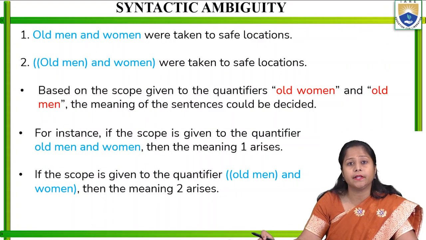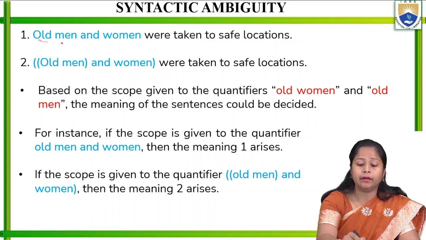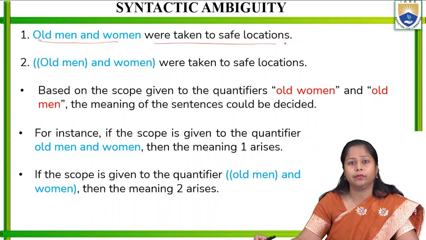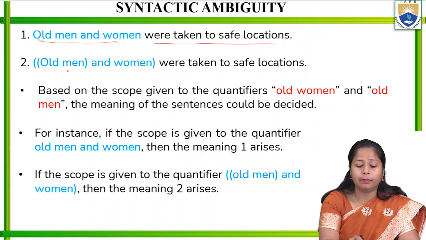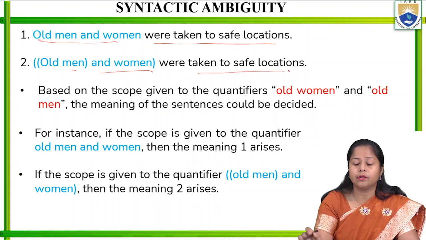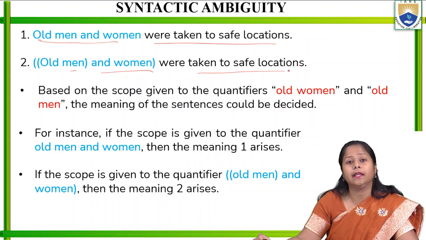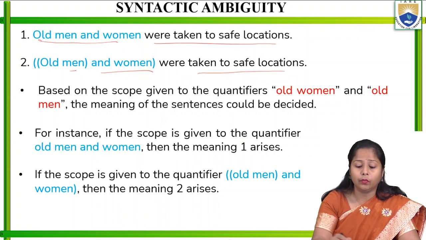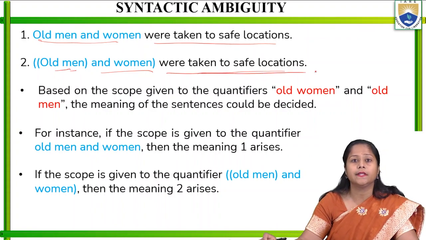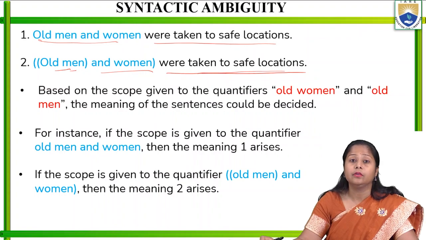So the first interpretation can be: old man and woman were taken to a safe location. The second interpretation can be: old man and woman were taken to safe locations. And in that, again, another interpretation can be: old man were taken to the safe locations, right? So based on the scope of this particular sentence, that is going to give the quantifier.